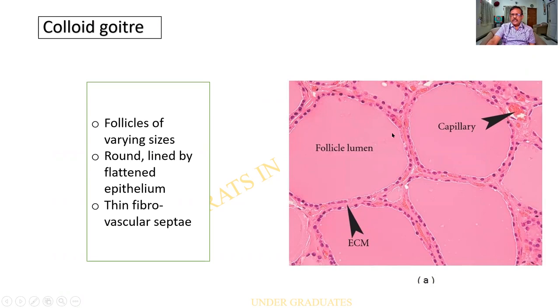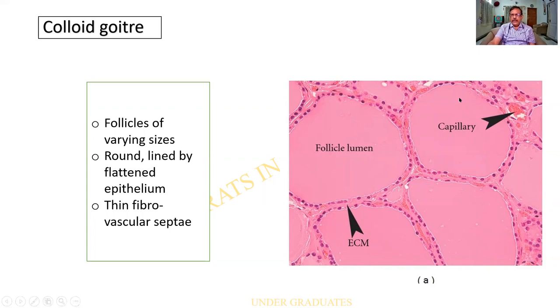Here, the round structures that we are seeing are the thyroid follicles. Follicle means it is a space and it is lined by flattened cells. All these blue dots are the nuclei. They are flattened and it is filled with eosinophilic, homogeneous, glistening material which is called the colloid.